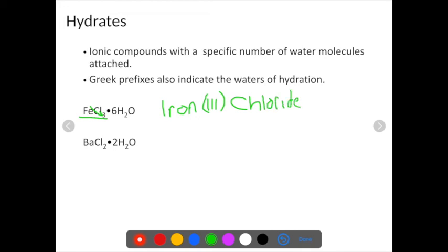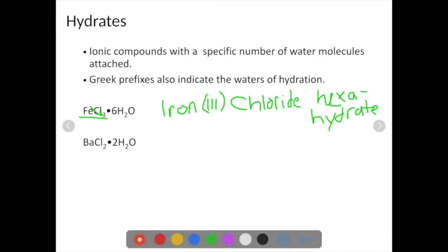And then we have 6 waters, but we're not going to say 6 waters. We're going to use the prefix for 6, which is hexa, and we're going to say hydrate instead of water. So we're going to say iron(III) chloride hexa-hydrate. It should be one word, but I'm out of room. Hexahydrate.